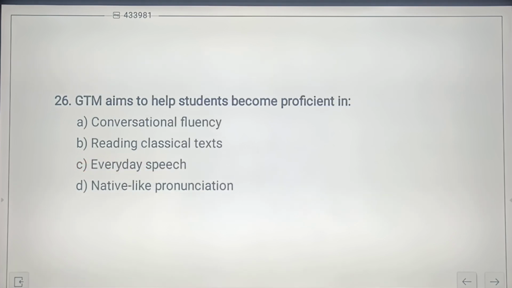Next, grammar translation method aims to help students become proficient in conversational fluency, reading classical texts, everyday speech, or native-like pronunciation. The right answer is reading classical texts. Grammar translation method aims to help students become proficient in reading classical texts.